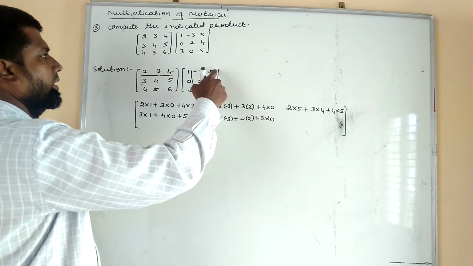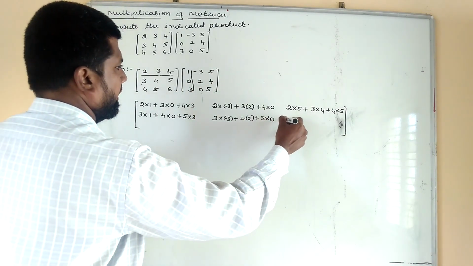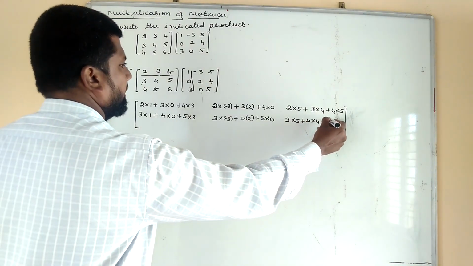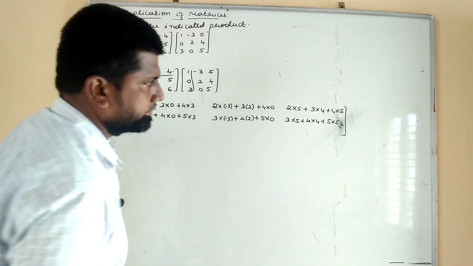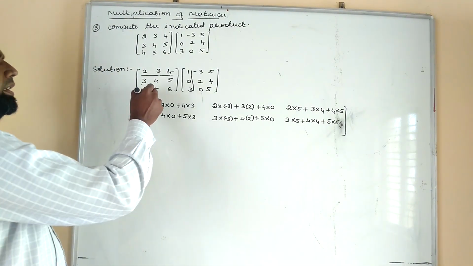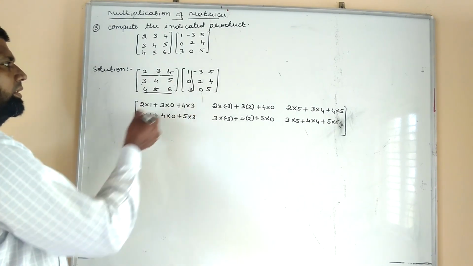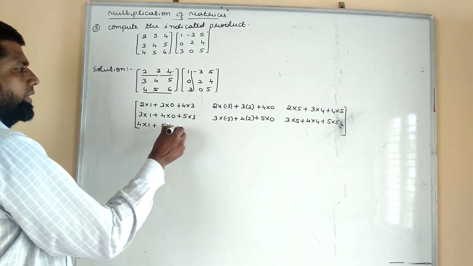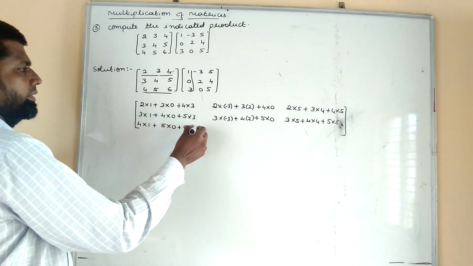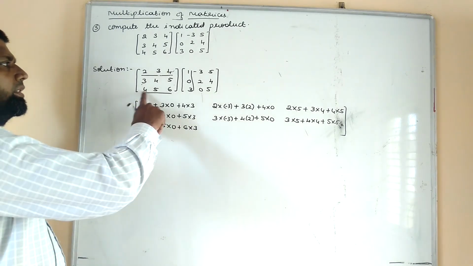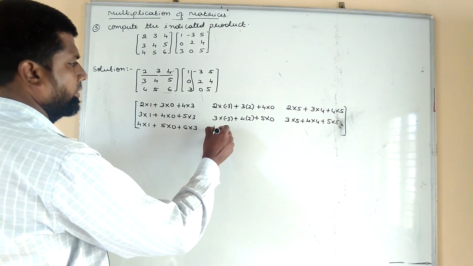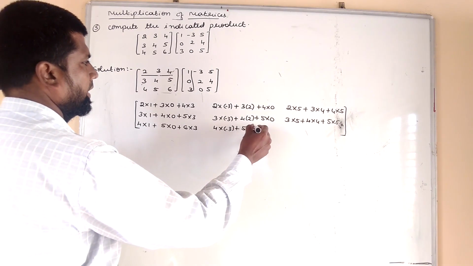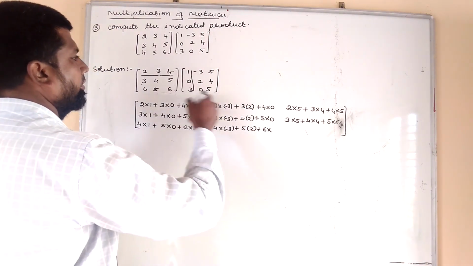Then second row, third column, 3 into 5 plus 4 into 4 plus 5 into 5. Next third row, first column, 4 into 1 plus 5 into 0 plus 6 into 3.